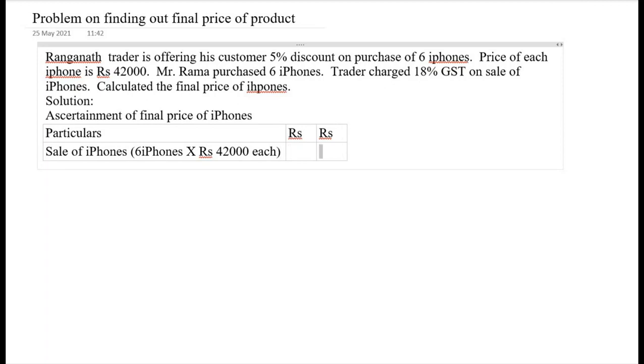So that will get rupees 2,52,000. So from this we should deduct, less, exclusions.